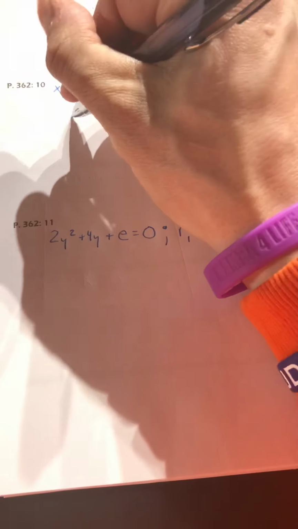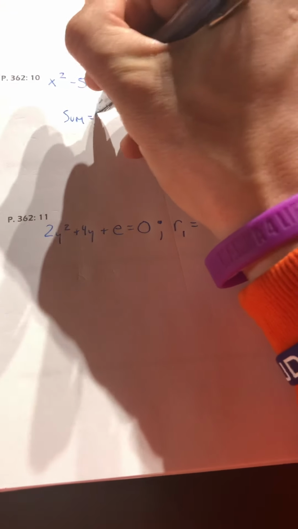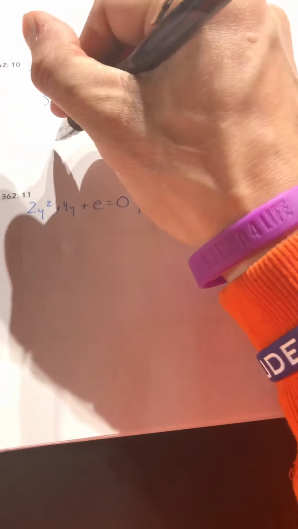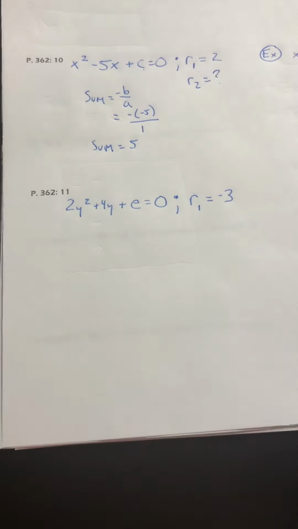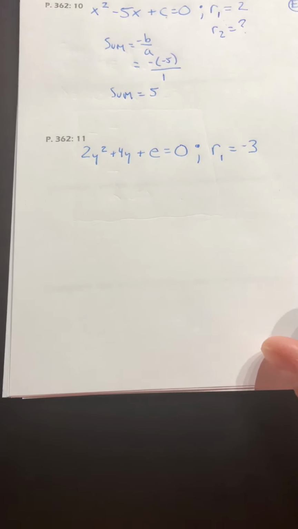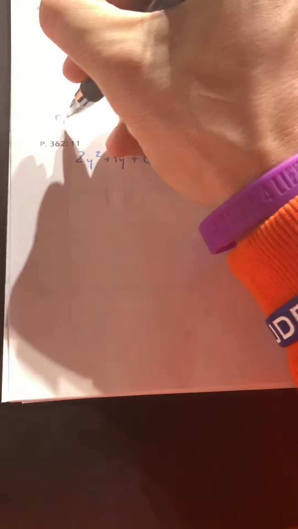Our sum, once again, is negative b over a. Our b value is negative 5. Our a value is 1. So the sum is equal to 5. Now we need to use this sum and the first root to figure out what the other root is. Sum is just addition, so if you take root 1 plus root 2, you would get the sum.